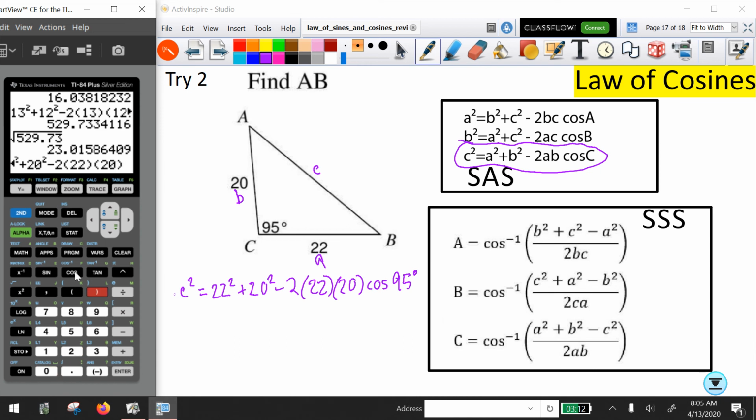Keep in mind that this is going to give us the square of the side length, so at the end we are going to have to take the square root.